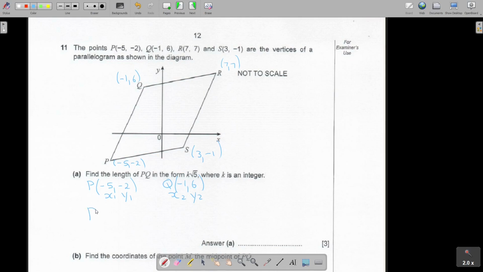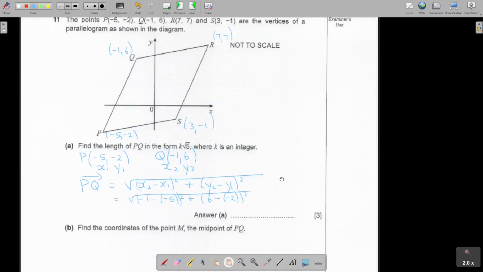And please know your formula for the length, as I showed you. So it's the square root. Usually I start with x. So I say the difference in x, and I square, plus the difference in y, and I square. So x2 is -1, minus x1, -5, and I square, plus y2, which is 6 minus -2, and I square.